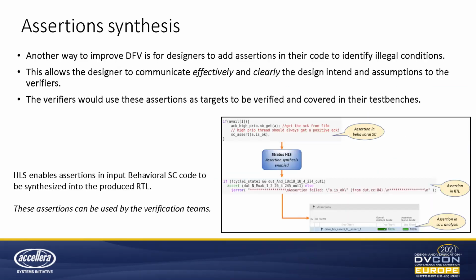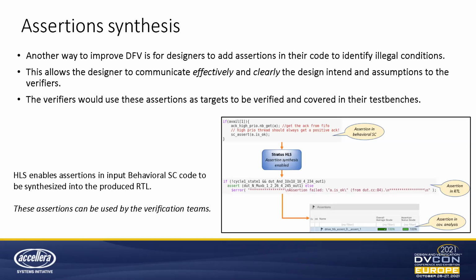When it comes to assertions, in high-level synthesis, the design input is behavioral SystemC. So the designer can add assertions in the SystemC code. The question is, how can the designer add assertions in the generated RTL to communicate illegal conditions to the verification team? The answer for Stratus HLS users is to enable the assertion synthesis feature, so SystemC and C++ asserts are synthesized into the produced RTL.